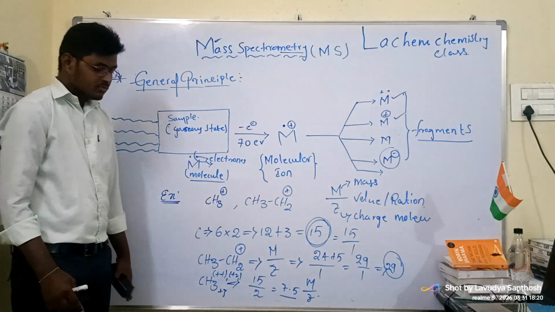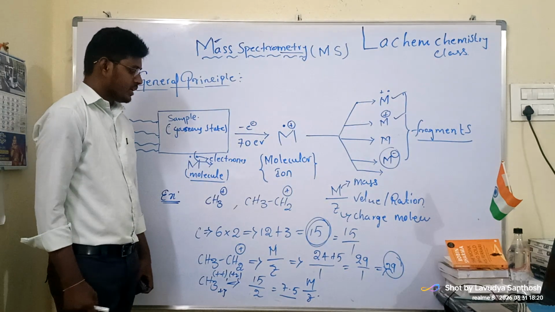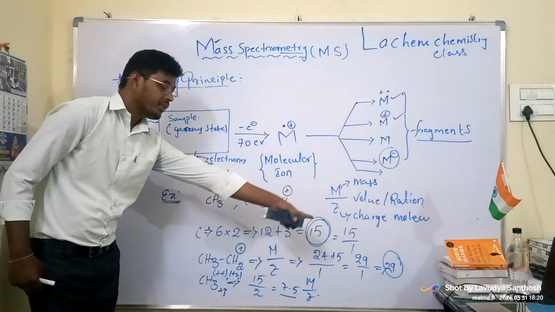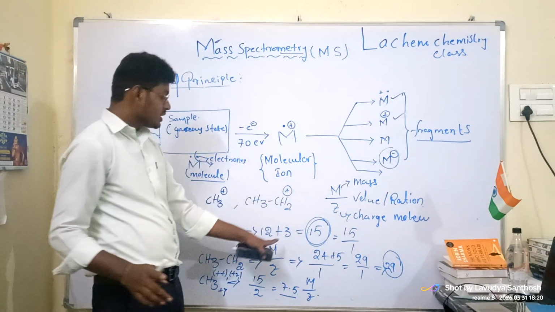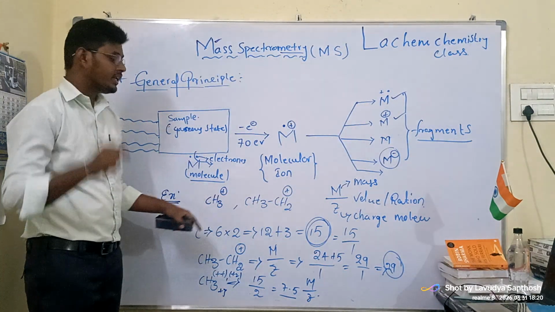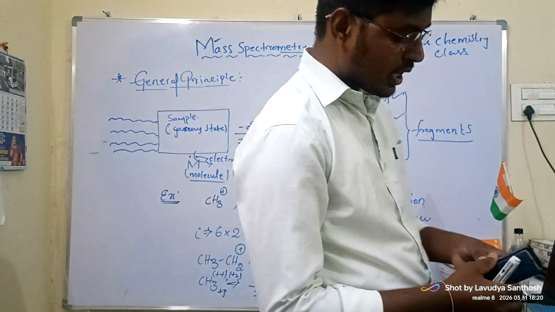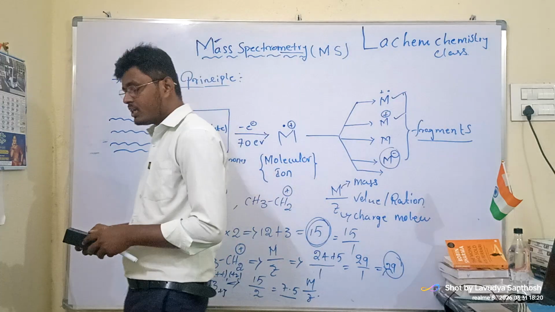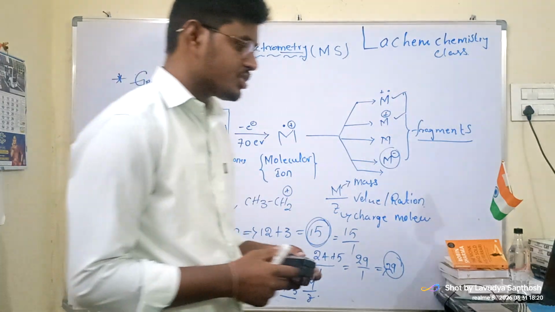Now, first point: for a singly charged ion, the z value is 1. For a doubly charged ion, the z value is 2.